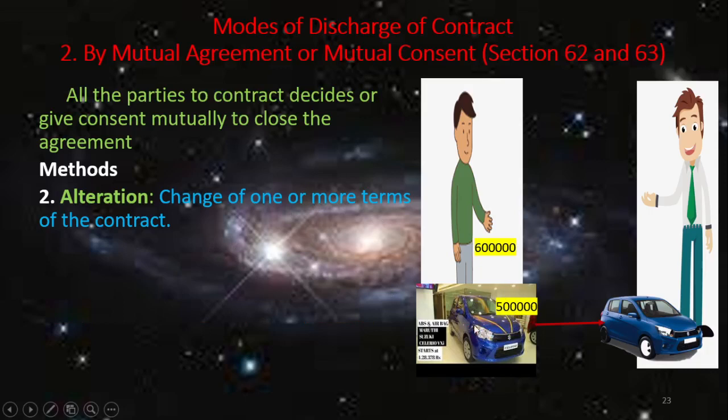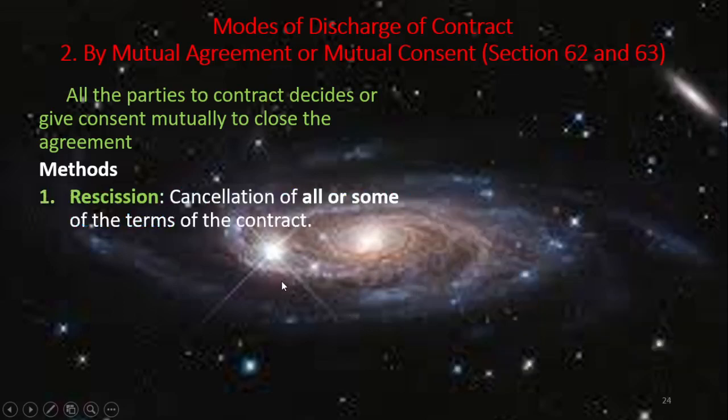Instead of 5 lakh rupees, he has increased the price of the car to 6 lakh rupees. So a change in the price of the car, or a change in one term of a contract, is considered as alteration. And for this change, both the parties should give their agreement, their consent. So it is considered as alteration.